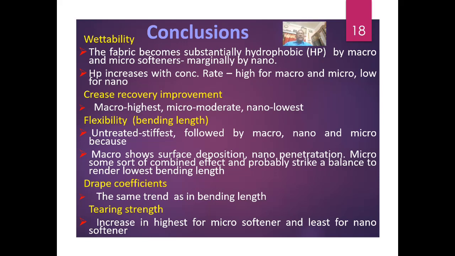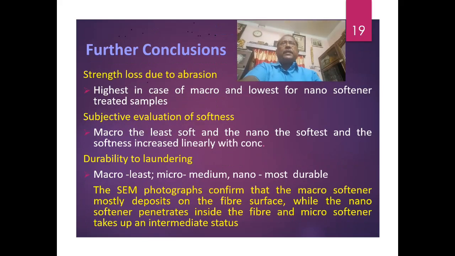Tearing strength: the increase is highest for micro softener and least for nano softener. Strength loss due to abrasion: strength loss is highest in the case of macro softener and lowest for nano softener treated samples. Subjective evaluation of softness: the 10 observers concluded that macro is the least soft and nano is the softest, and softness increases linearly with concentration.